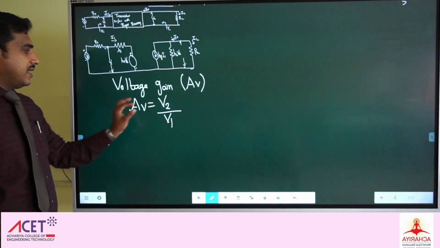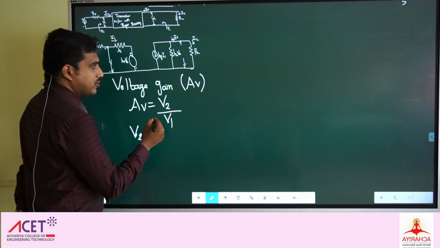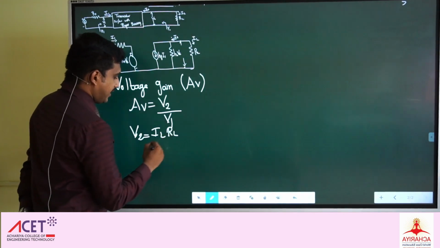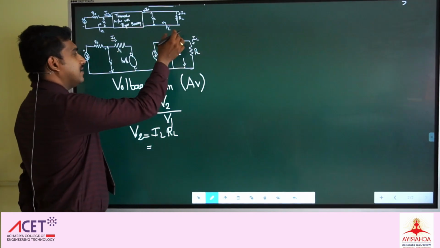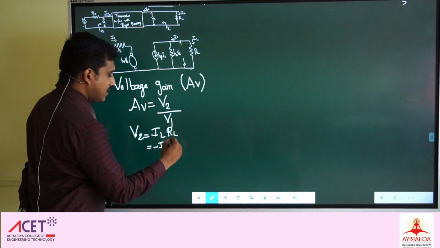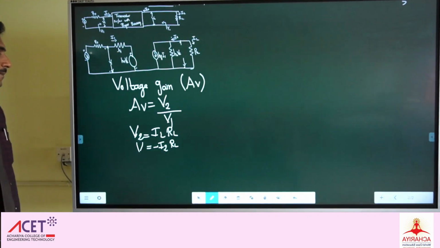We know that V2 is equal to, using Ohm's law, IL into RL. Again we can replace IL by minus I2, since it is equal in magnitude and opposite in direction. V2 is equal to minus I2 into RL.